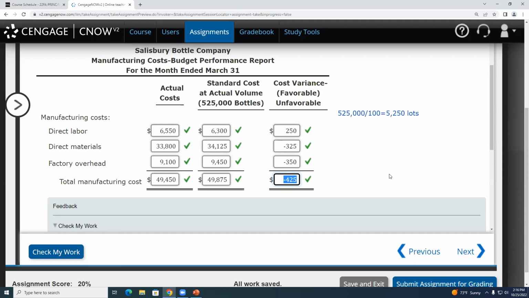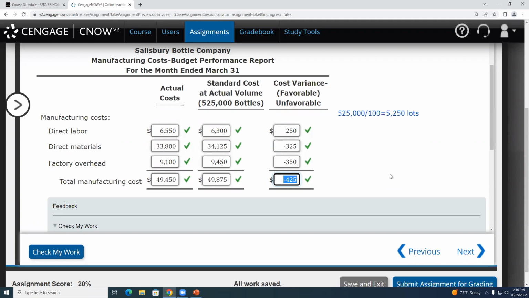But they might say, I'm really concerned about that unfavorable variance in direct labor, 250 out of 6,300. That's not less than 1%. That's almost 4% variance, and it's unfavorable. We need to do something about that direct labor, almost 4% unfavorable variance.